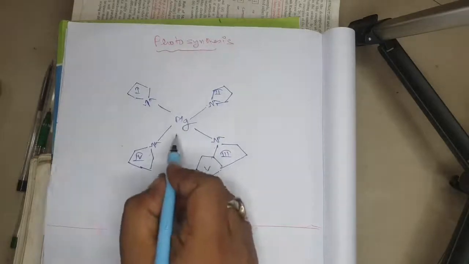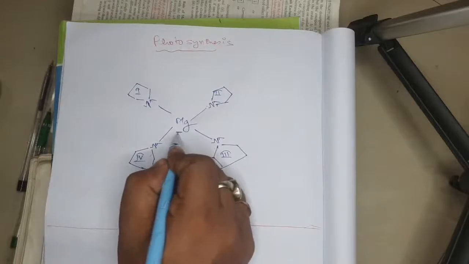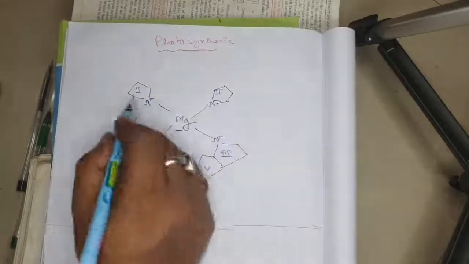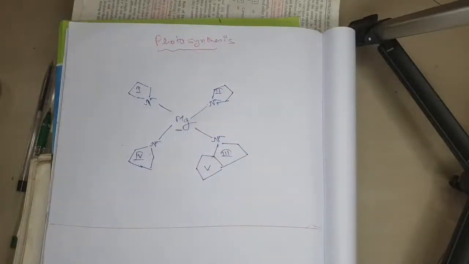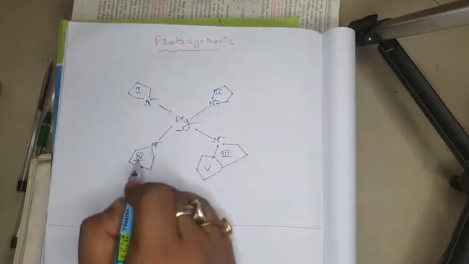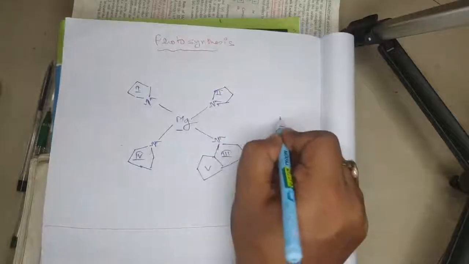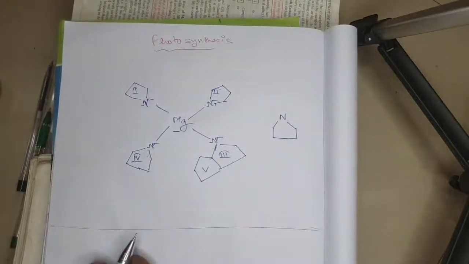What you are seeing in the structure is a magnesium atom which is bonded to 4 nitrogen, and these nitrogens are actually a part of a 5 carbon ring. You getting my point?